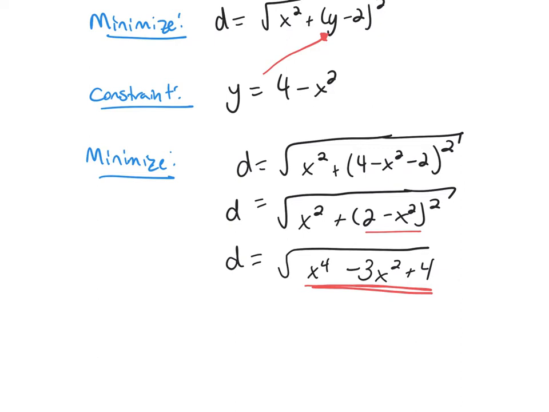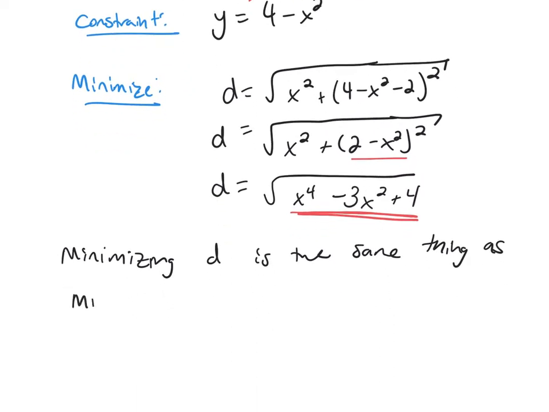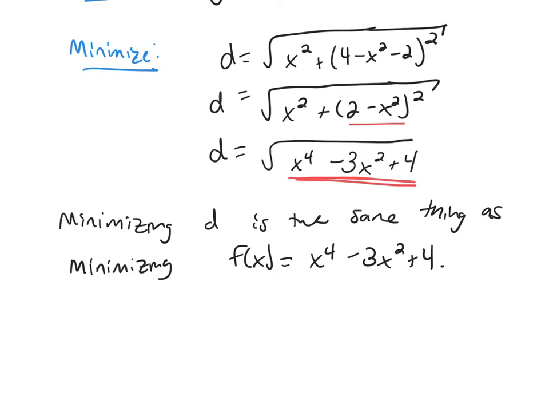So minimizing d is the same thing as minimizing what's inside of the square root, f equals x to the 4th minus 3x squared plus 4. Now we do this because it's easier to take the derivative of this function f versus this function d.